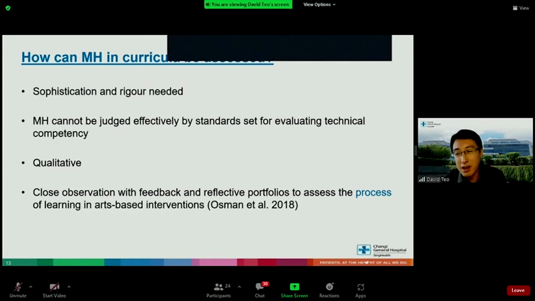We can't evaluate students with that same kind of rubric when evaluating a piece of reflective writing after a palliative medicine or psychiatric posting.